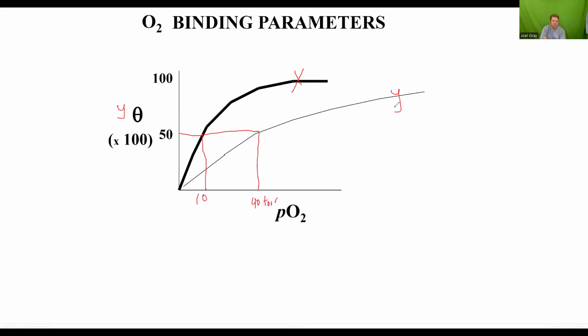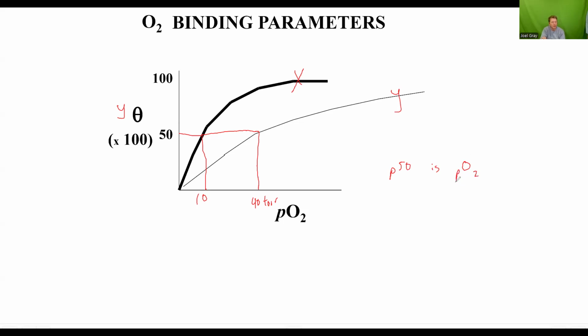Higher affinity. We got one vote for X, 2, X question mark. Now, our P50 is the O2.